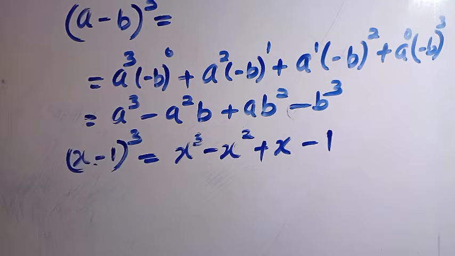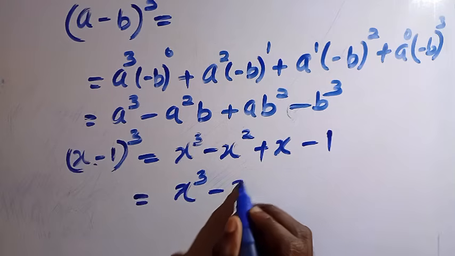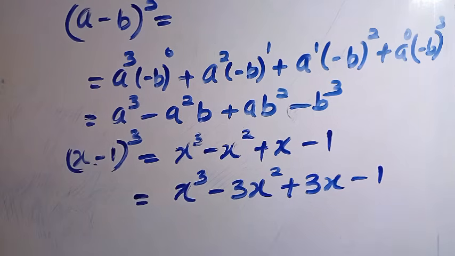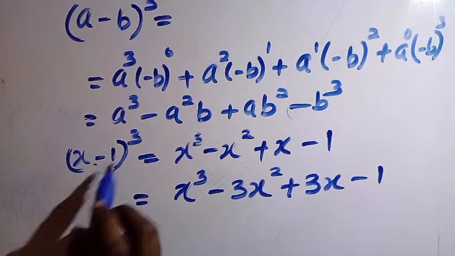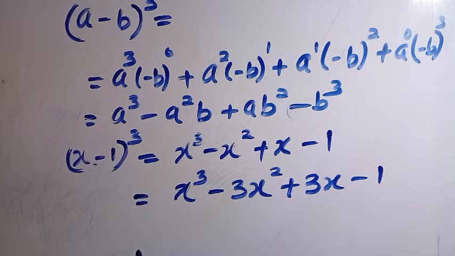Then on getting this, we are going to take the coefficient there as 1 3 3 1. So the first one will be x raised to the power of 3 minus 3x squared plus 3x minus 1. So with this, we're able to understand the concept of a Pascal triangle coefficient on how to apply it to expand something of this form.